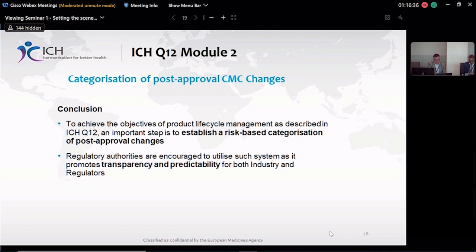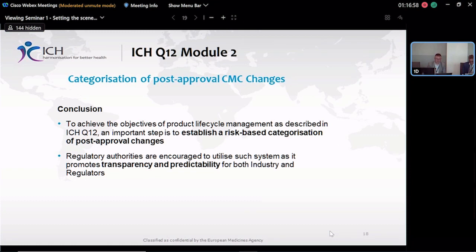So, in conclusion, on Chapter 2, to achieve the objectives of lifecycle management in Q12, and I think this is really important because it's the bedrock of all the other tools, the most important step is to establish a risk-based categorization system for post-approval changes.